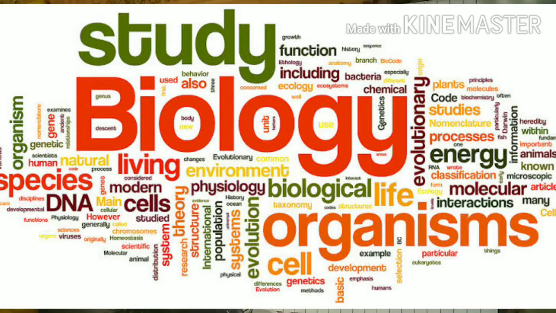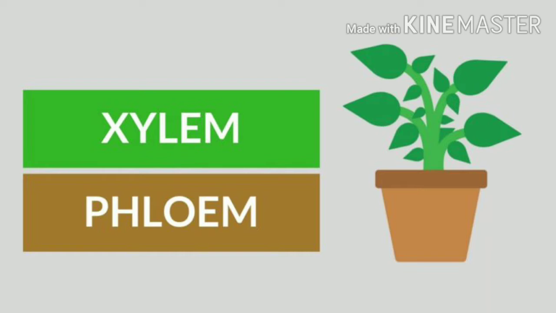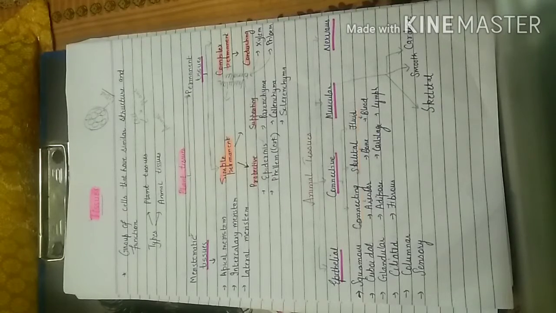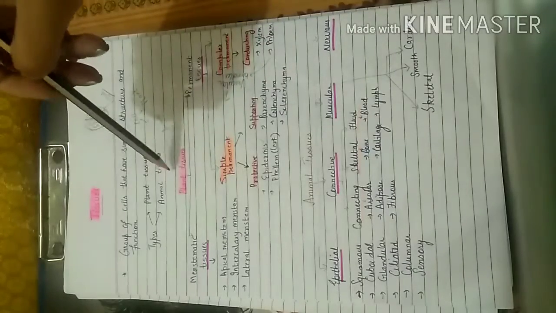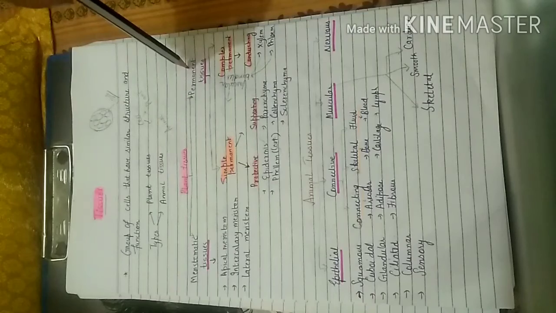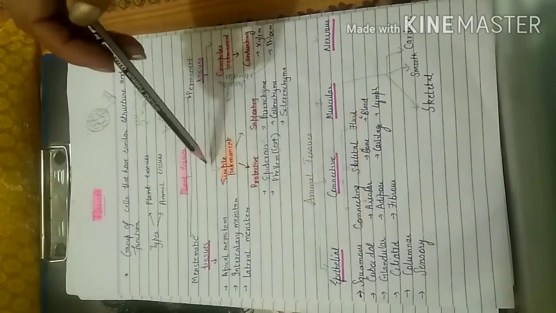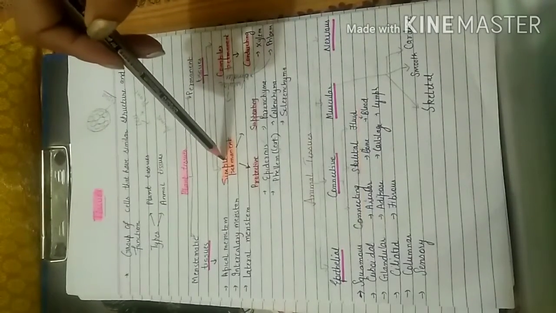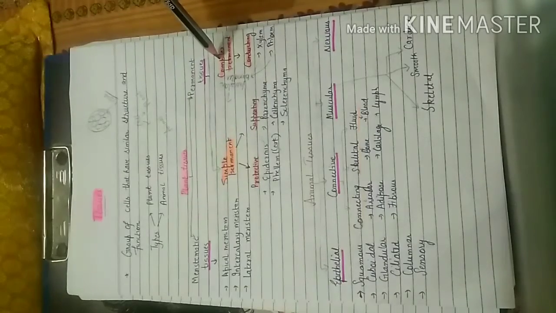So in this video, let us start about xylem and phloem. You should know what is xylem and phloem. These are the plant tissues. We know plant tissues are made up of plant cells. Plant tissue is divided into two types, meristematic tissue and permanent tissue. Permanent tissue is further divided into two types, that is simple permanent and complex permanent.